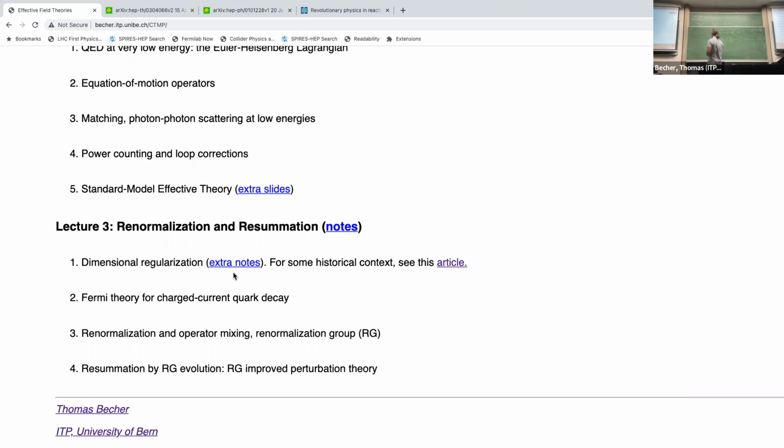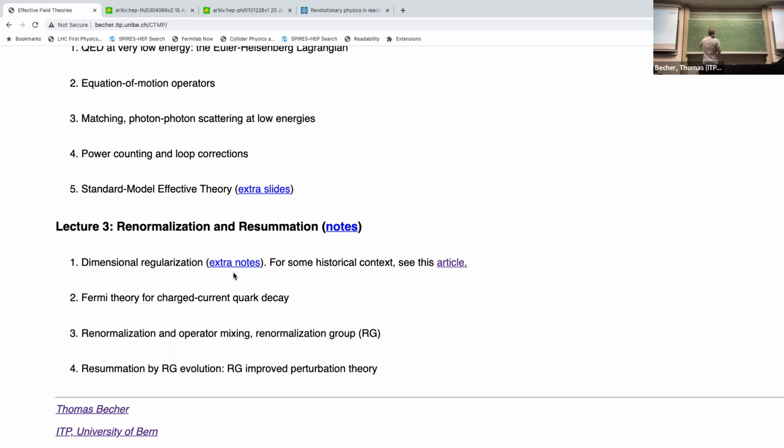So now the effective theory result. Again, this G hat is everywhere.